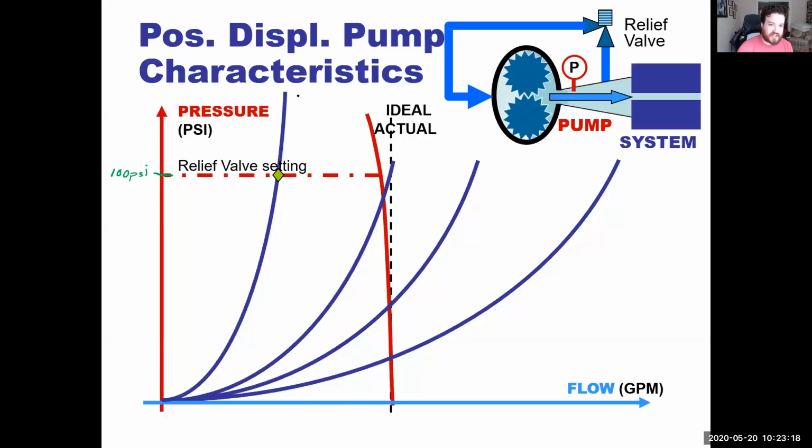So something in our system is resisting the flow. Maybe someone forgot to open a valve. So what happens is our actual curve here, this is where the pump is existing, is on this red line. And like I said, we have to match those two up. So it actually wants to be way up in this area, but it's brought down because of the relief valve.